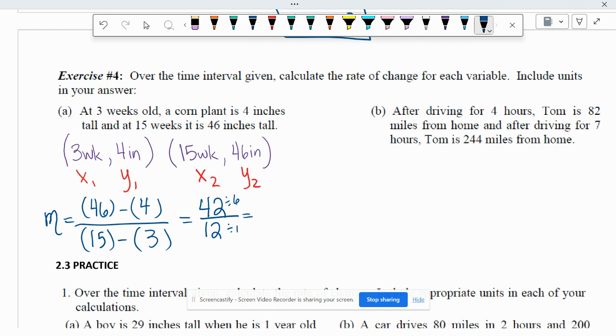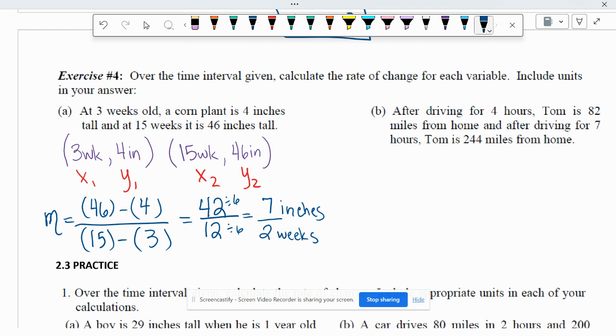You could start dividing by 2, but they're also both divisible by 6. 42 divided by 6 is 7. 12 divided by 6 is 2. Remember the change in y, that's my y coordinate, inches. So the plant grows 7 inches every what? Every 2 weeks. It grows 7 inches every 2 weeks.